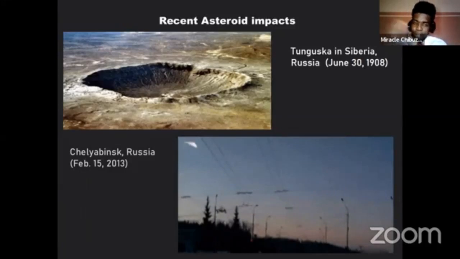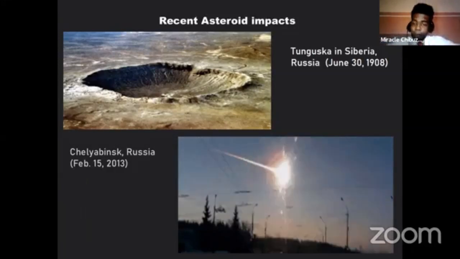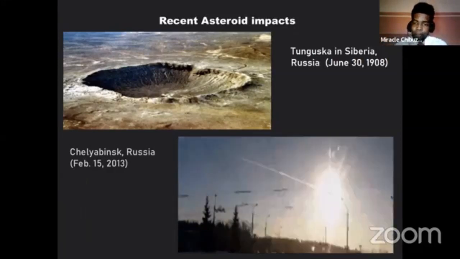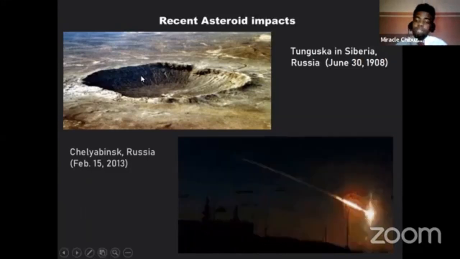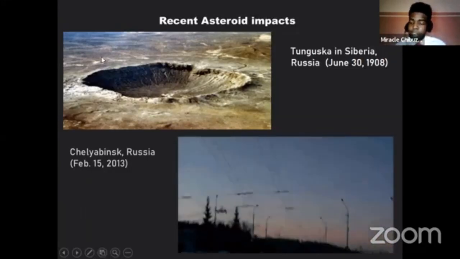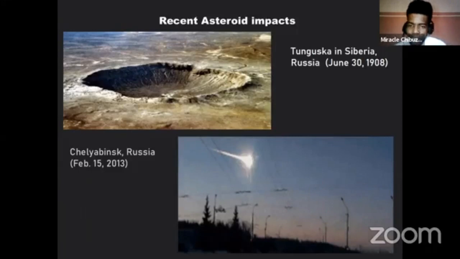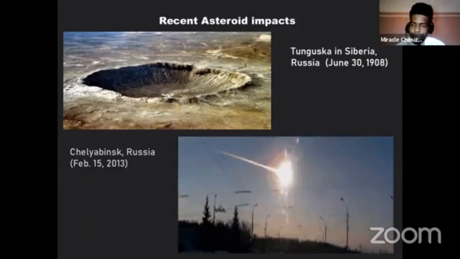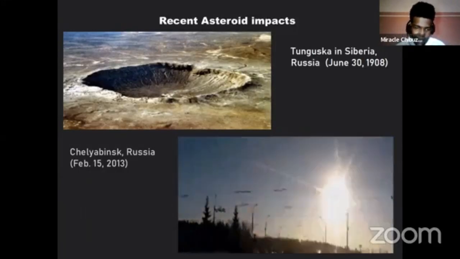When the asteroid impacted, the heat from the event vaporized all the trees and turned the whole place into a desert. This place is as large as London. So you can see what asteroids can cause. That is why everybody should get involved in citizen science.